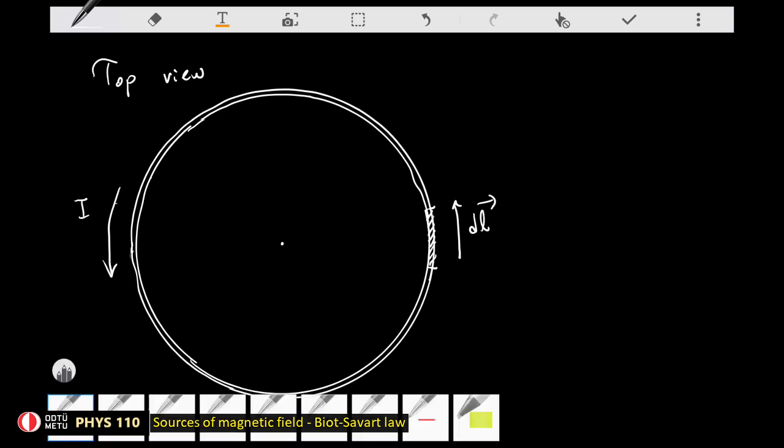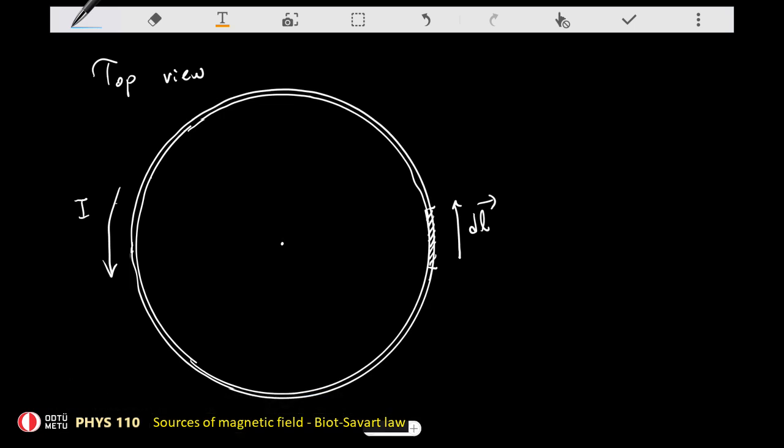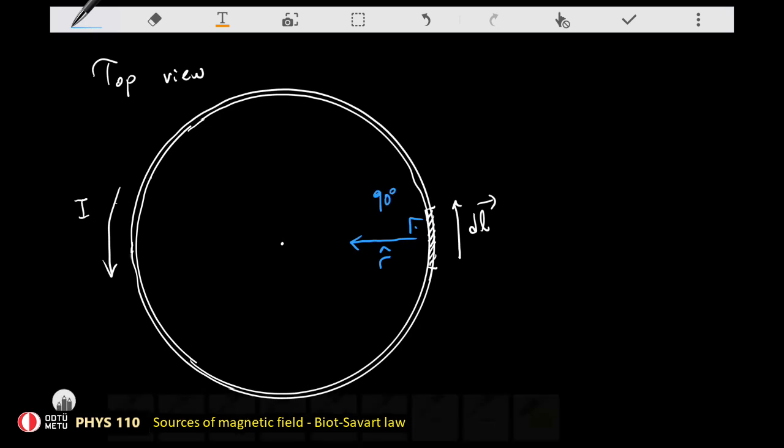With this segment, of course, the radial position is like that, right? The position of the point with respect to the segment is given by this. Therefore, the radial unit vector is directed towards the center, which means the angle between dl and r is 90 degrees, right?